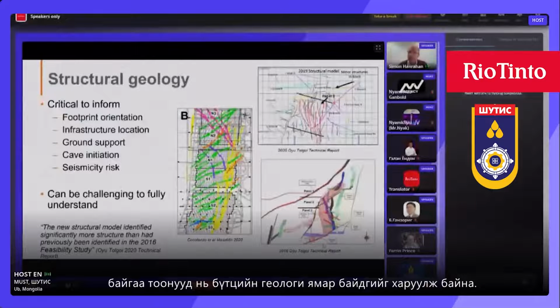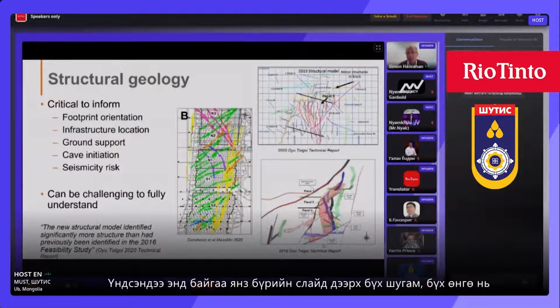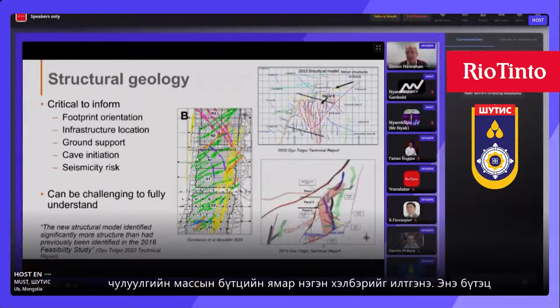That structure could be a dike, sort of an intrusion, or it could be a fault, or it could be a major joint or a fracture, something that's not just a small fracture, but more of substance, and definitely does have or will have an impact on how we set up the mine.